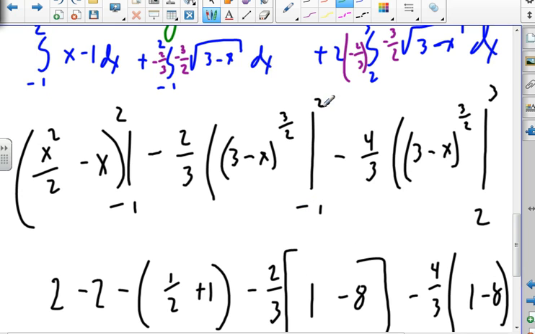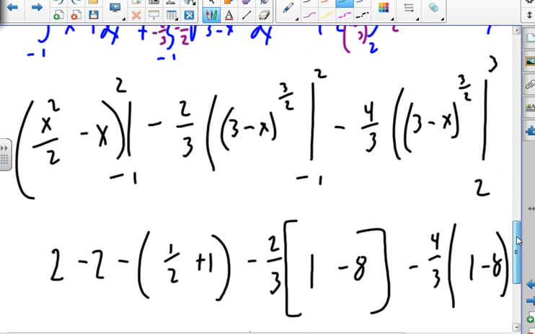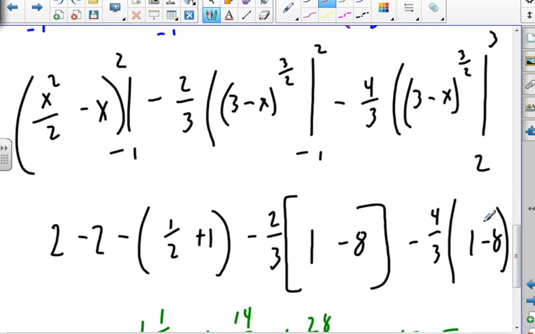This goes minus 1 to 2, that goes 2 to 3, and that's not what I did. Okay, so 3 minus 3 is 0. 3 minus 2 is 1. So this is a positive 1.